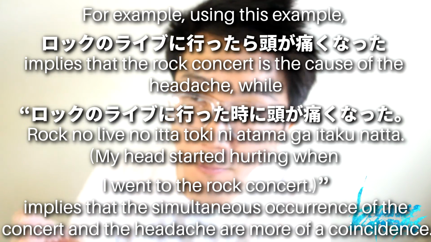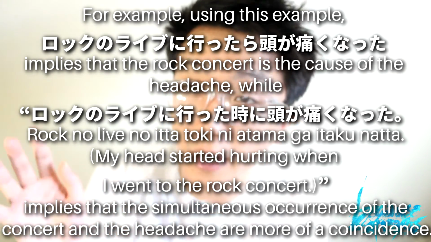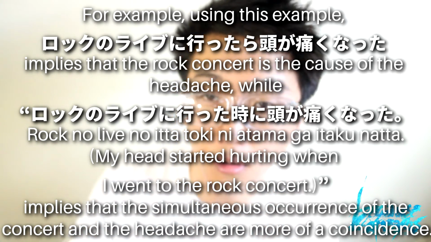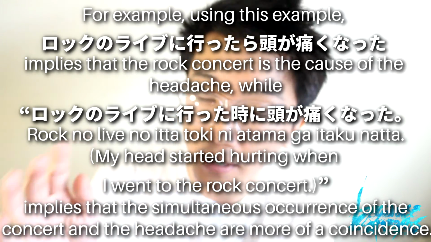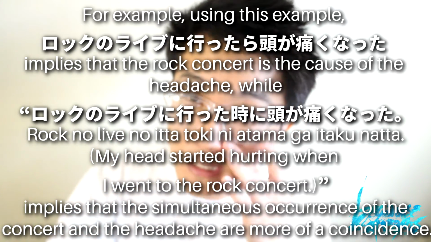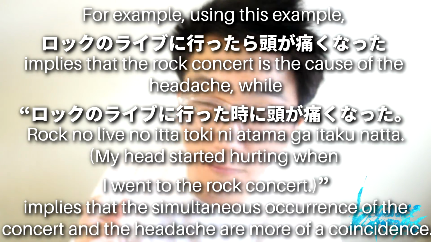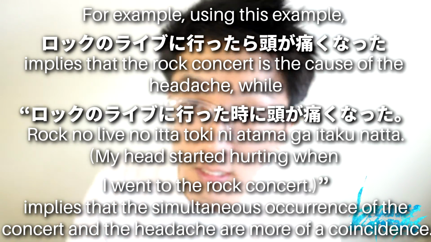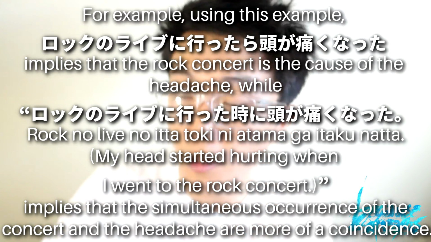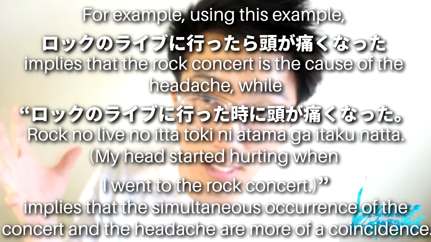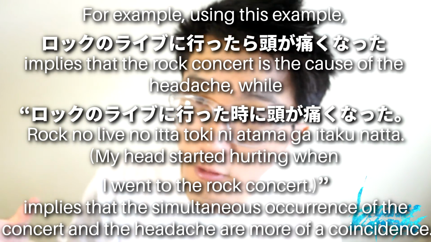On the other hand, if we were to use this same example sentence but with the toki ni grammar construct, as in raku no raibu ni ita toki ni atama ga itaku natta, that sentence itself is not going to express that the headache is a result of going to the rock concert. It instead is going to imply that the two things happening simultaneously is more of a coincidence as opposed to a cause and effect relationship.